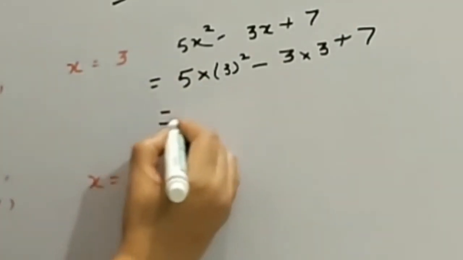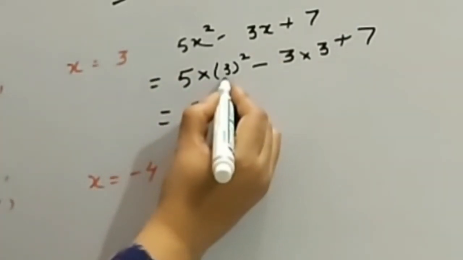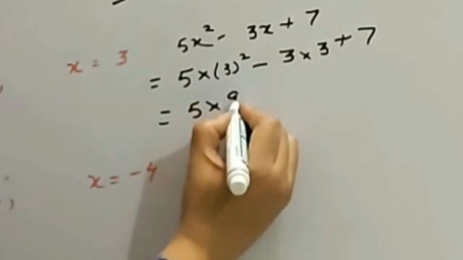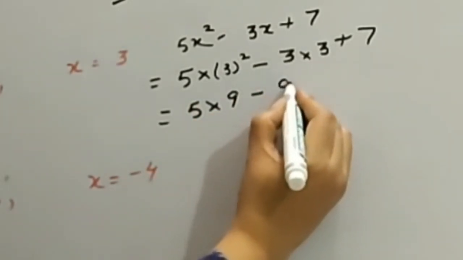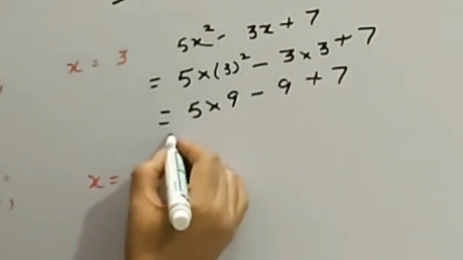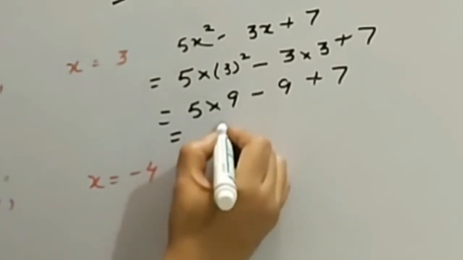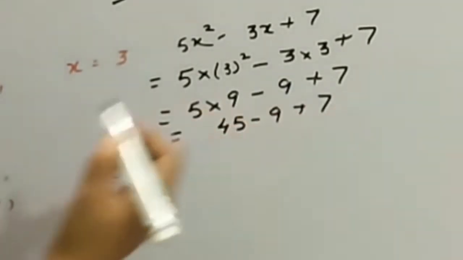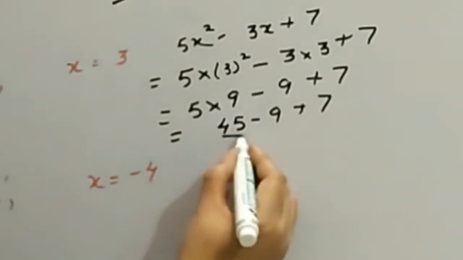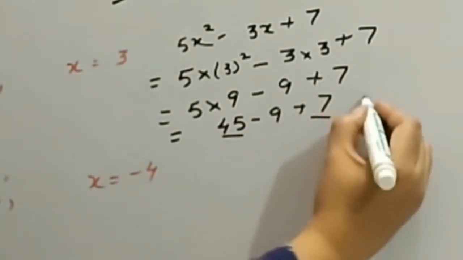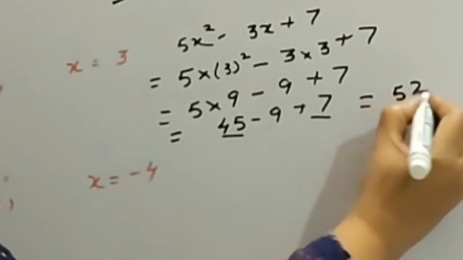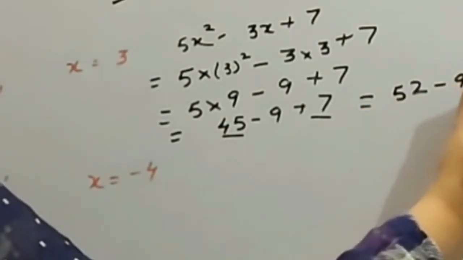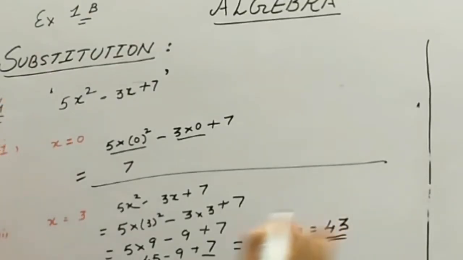Now multiply, 5 into 3 square means 3 threes are 9. Minus 3 threes are 9, plus 7. Again multiply 5 into 9, 45. Minus 9 plus 7. As you know, first we add the two positive integers. It becomes 52 minus 9 equals 43, which is the answer.